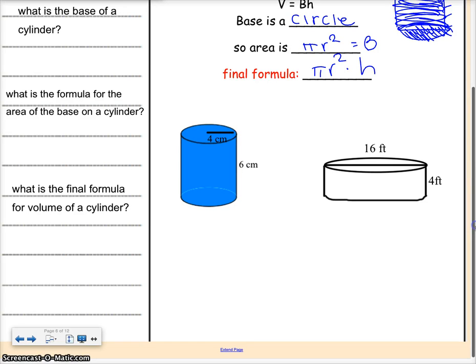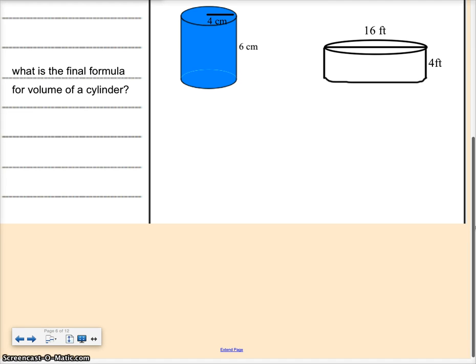All right, so now I'm going to find the volume of this first tall cylinder. I can envision it personally being like an Arnold Palmer can. It looks kind of tall and skinnier. So I know that it's big B times H. The base is a circle, so the area of the circle is pi r squared. My r is 4, so it's going to be 4 squared times 3.14 times the height of my cylinder, 6.